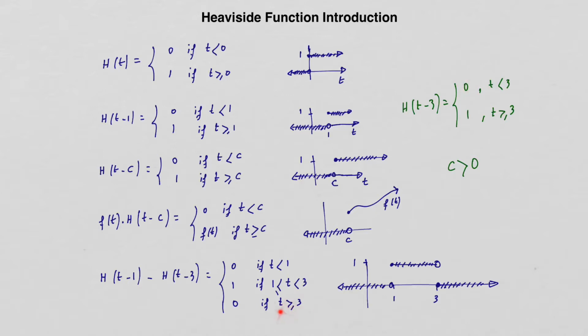And finally, when t is more than 3, it's more than 1 and more than 3, so you do 1 minus 1, and you get 0. And hence, my little graph. Looking at a difference is actually helpful, so you don't have to do this minus that. You can quickly tell that it's going to be 0, 1, 0. It's always going to be 0, 1, 0, assuming you're basing it on the basic function.